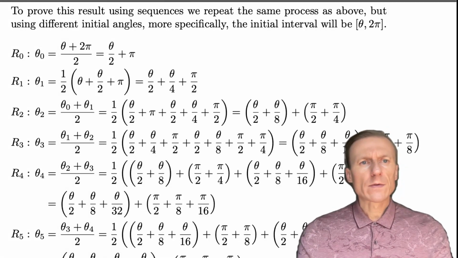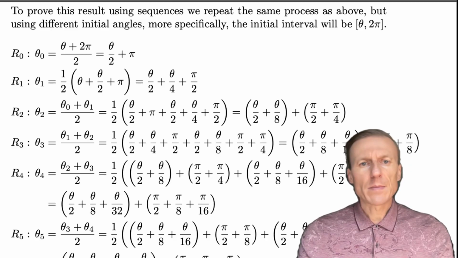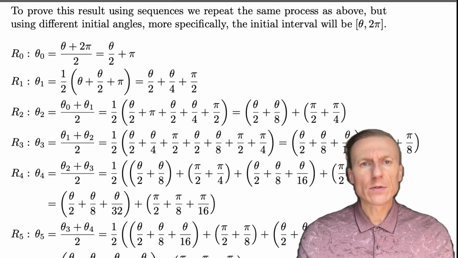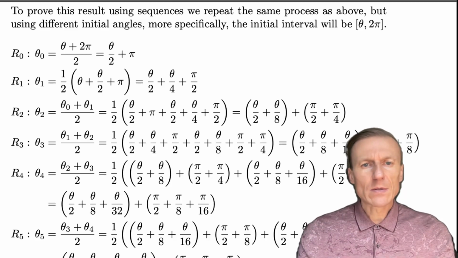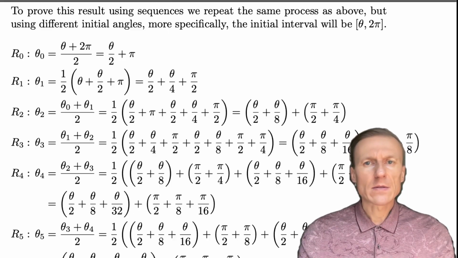To prove this geometric result, we will repeat the same process we did before for the internal angle and compute the steady state solution and transient solution using sequences and geometric progression. This time the initial interval of angles will be from theta to 2 pi.